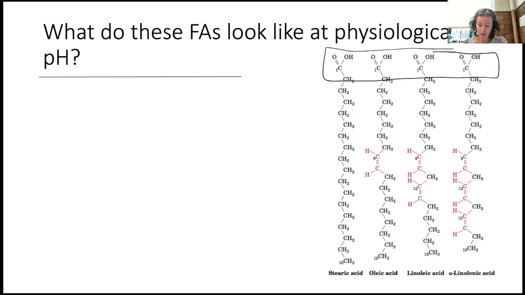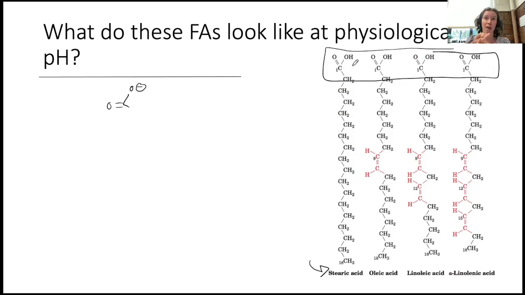So, for example, let's just draw out this first lipid as it would appear at physiological pH. Let's start with that carboxylate functional group, deprotonated, negatively charged. Now we're going to have 18 carbons, so hopefully I can count to 18. The first carbon being counted, as you can see on the right-hand side of my screen here, is the carboxyl carbon.